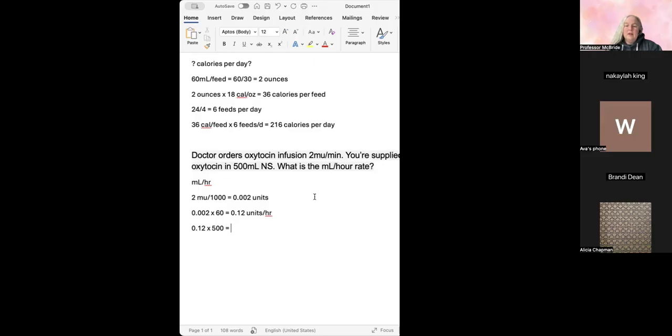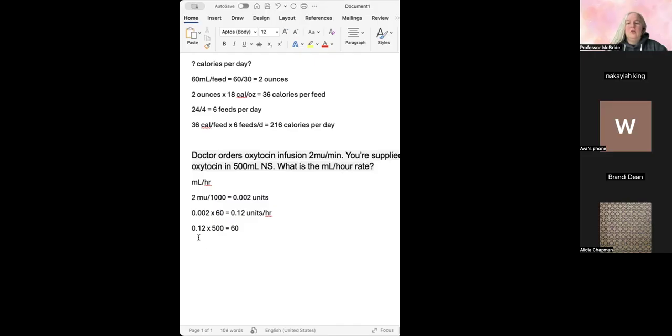If we times 0.12, which is our dose, times 500 mLs, I got 60. Then we need one more thing.